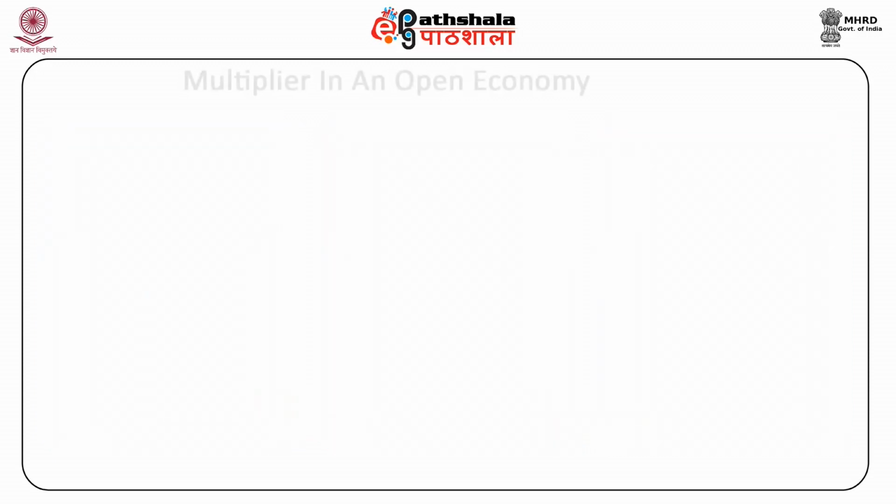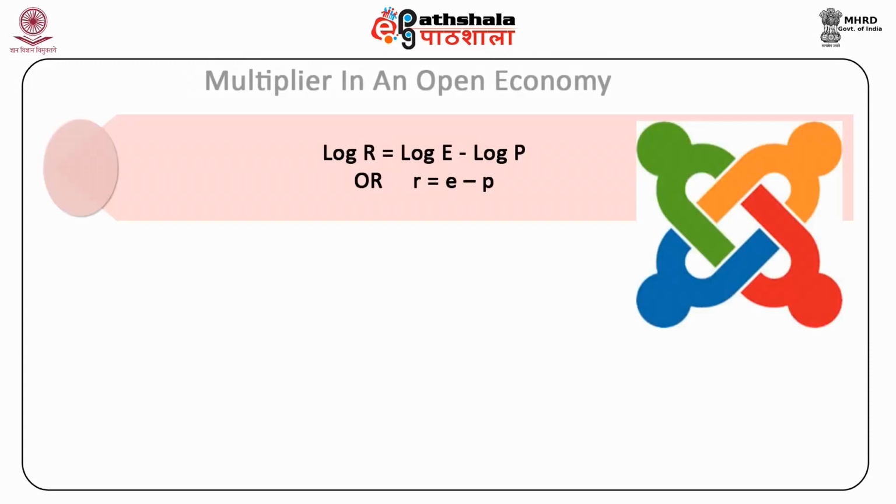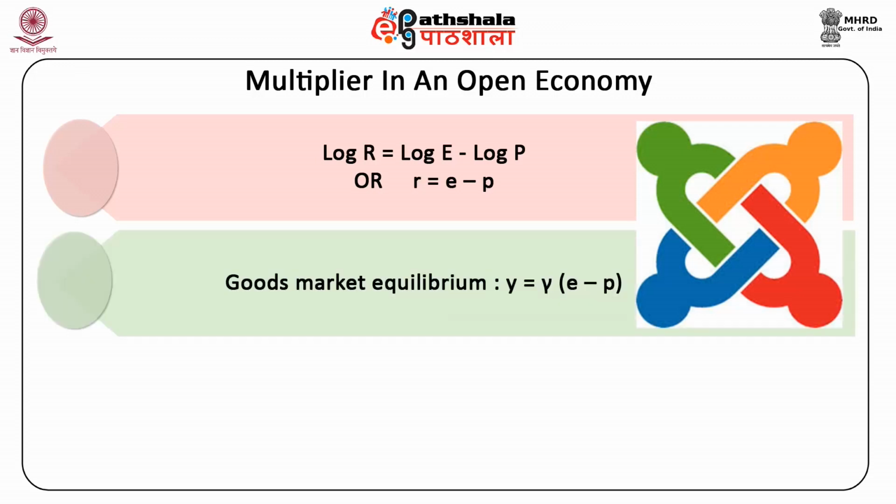As mentioned in equation 3 above, in natural log terms, we have log R = log E - log P, or writing in simpler terms, r = e - p. Giving functional form to the above IS curve equation in natural log terms and using equation 9, we get the following equation for goods market equilibrium.